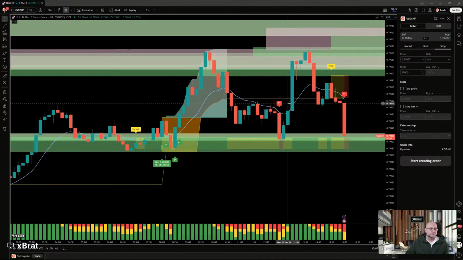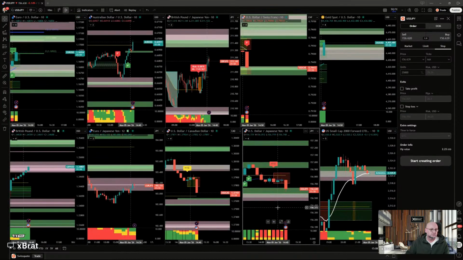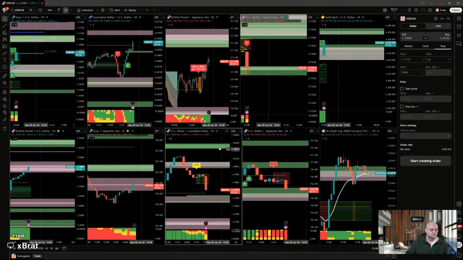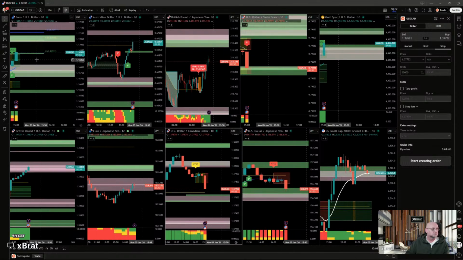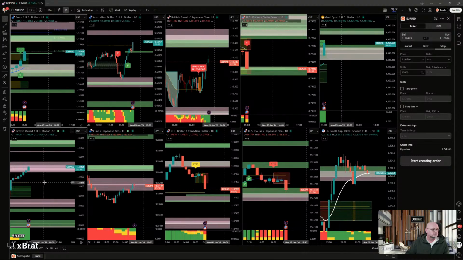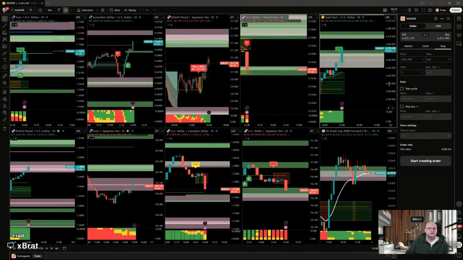US dollar CHF looking really good there. Look, really came down well. Gold has pushed through that zone now, going quite slowly.